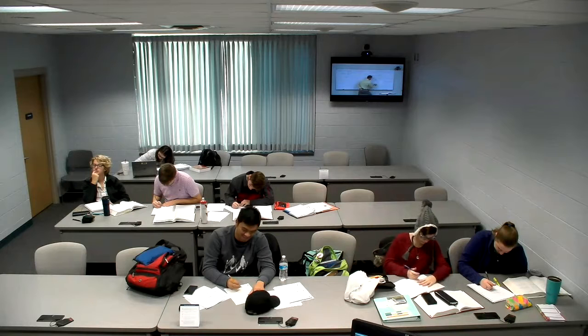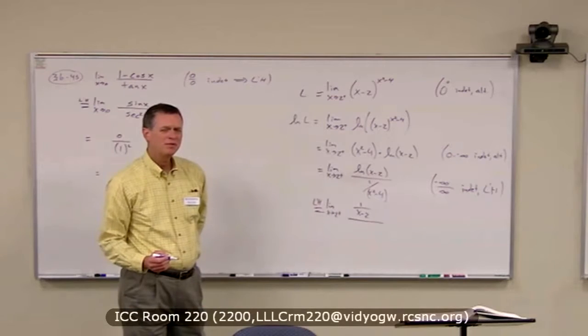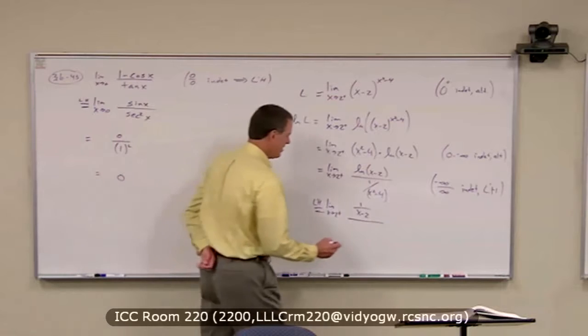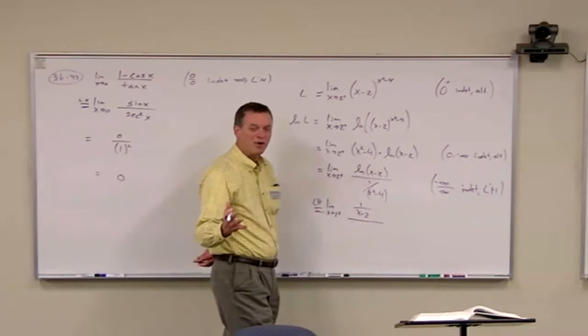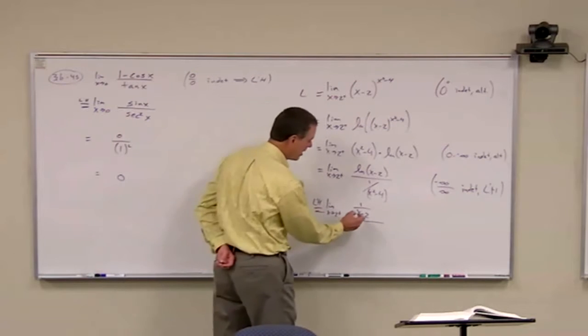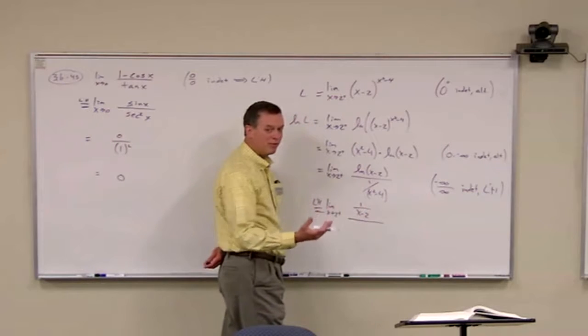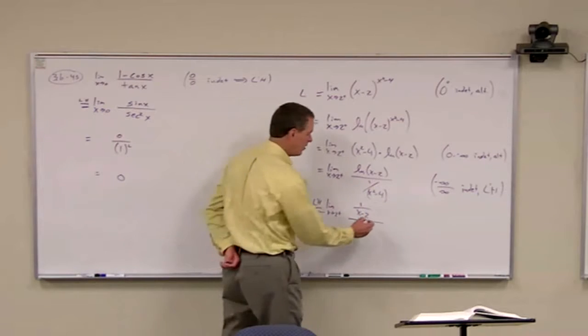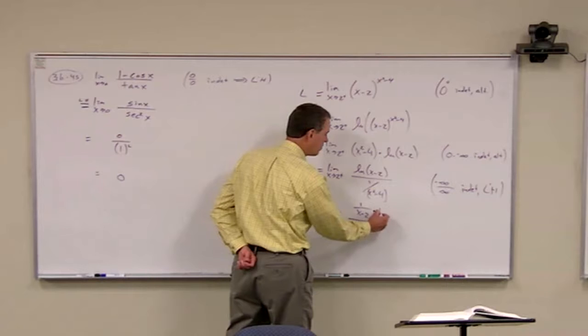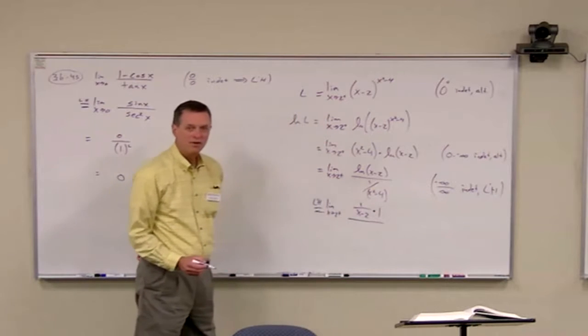Well, that's 1 over x minus 2. Anything else you need to remember? I won't mark it wrong if you don't, but if this was not a 1x, if it had been a 3x minus 2, then the thing a lot of people are going to forget is that you've got to multiply by a chain rule there.